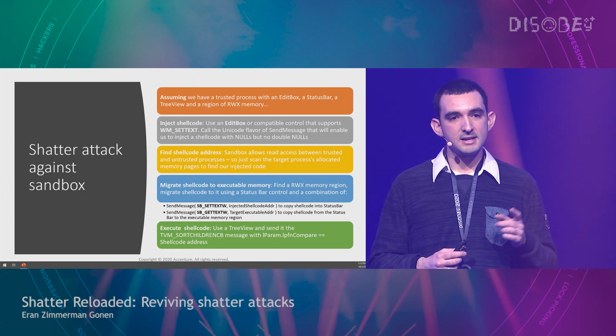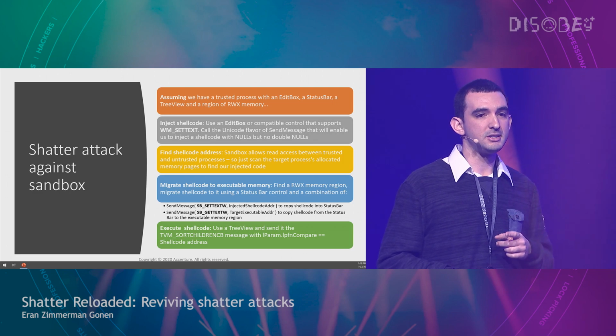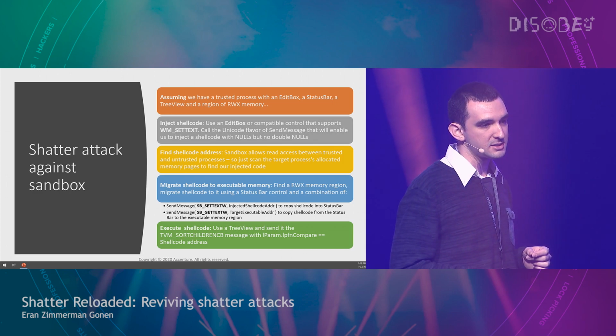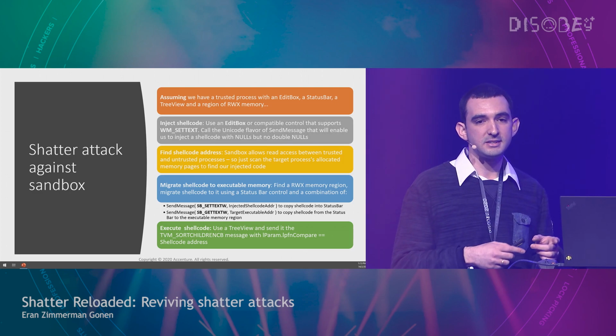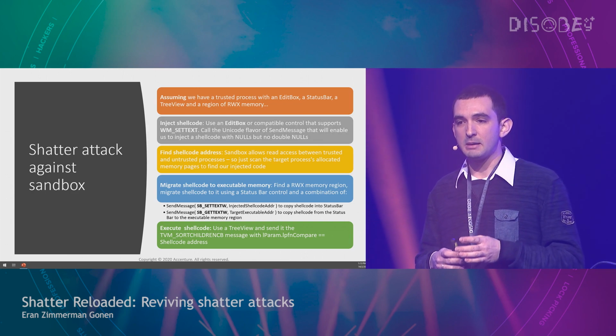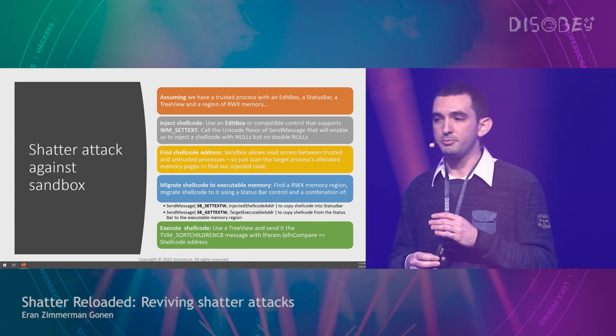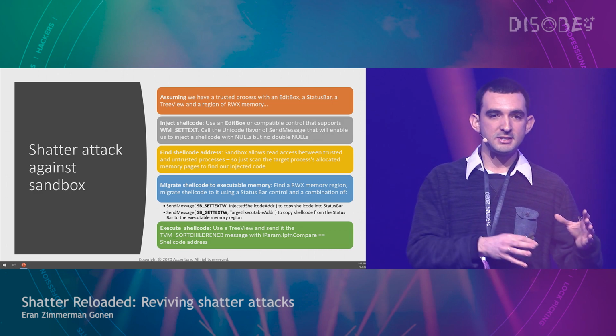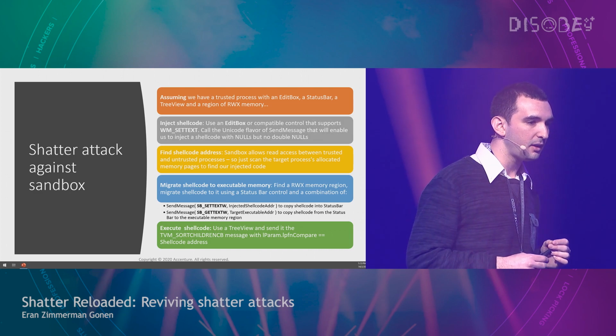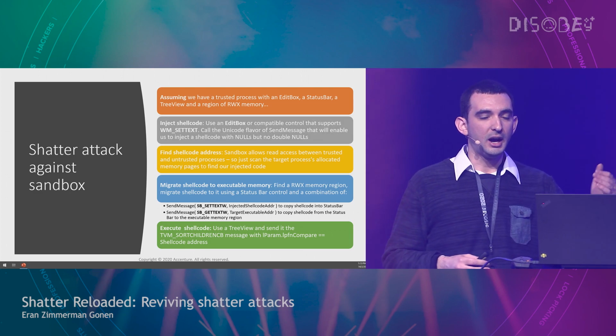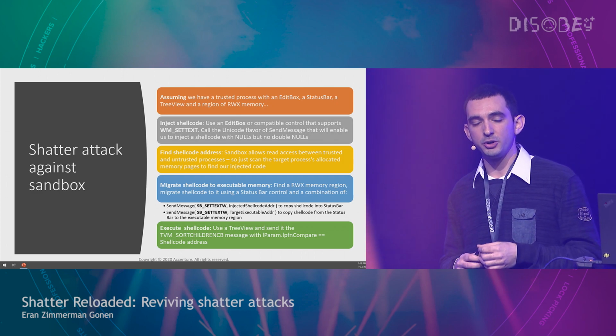For a status bar, that is not the case. The pointer points to an address in the target process. So set text to the status bar means copy something from somewhere inside the target process's memory range into the status bar's buffer. So we send it the pointer of our shellcode that we found earlier.